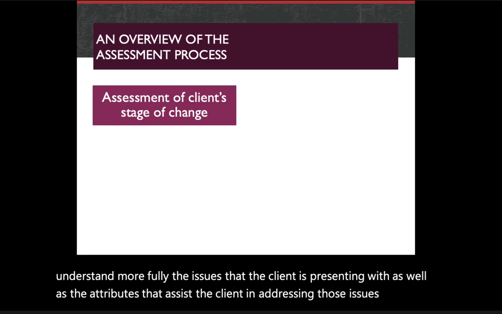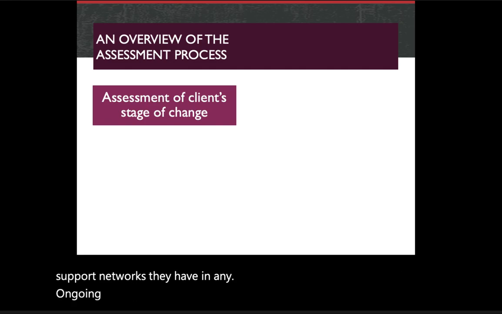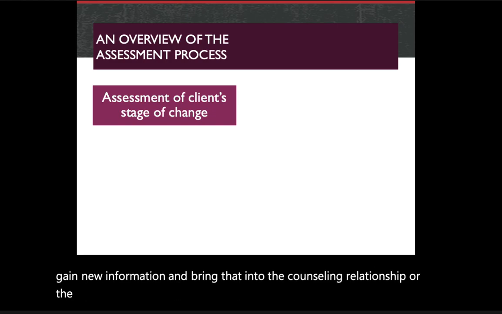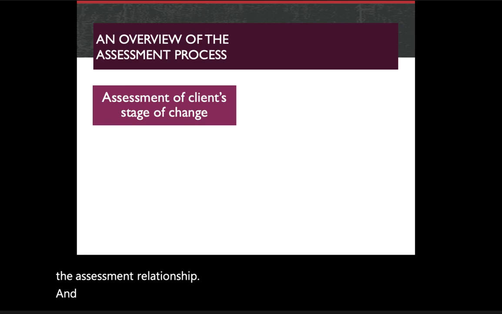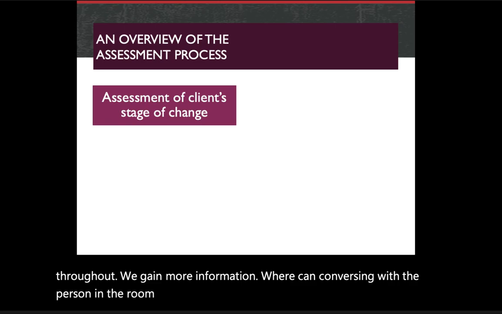So, what support networks they have, and any ongoing interpretation, reflection, and communication of changes as we gain new information and bring that into the counseling relationship or the assessment relationship. In both counseling and assessment, it's an ongoing process. It changes throughout. We gain more information. We're conversing with the person in the room with us and using that information to make informed decisions.